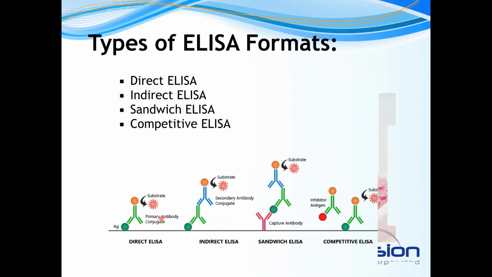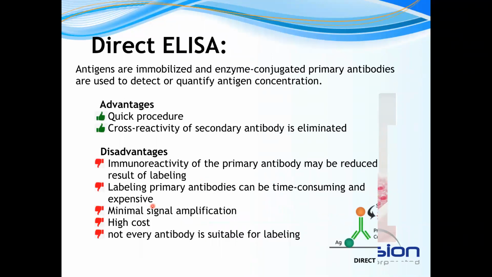So starting with the direct ELISA kit. In direct ELISA, the antigens are immobilized on the surface of the microwell plate. And then the enzyme-conjugated primary antibody is used to detect or quantify the antigen concentration.